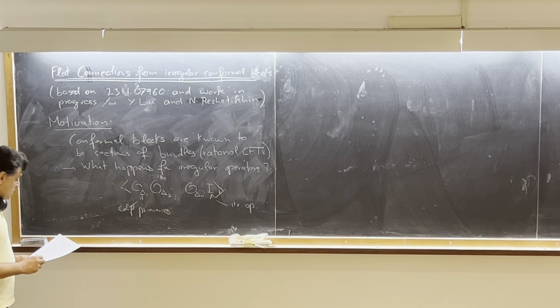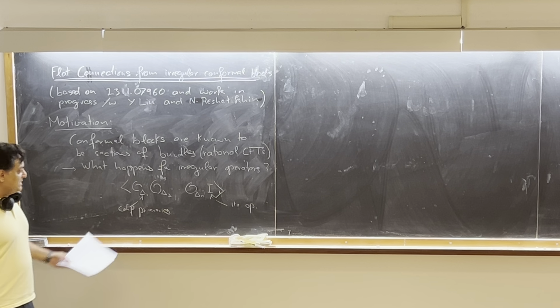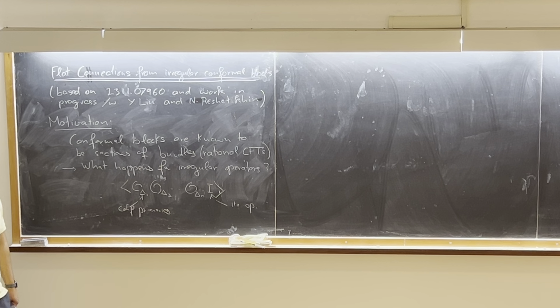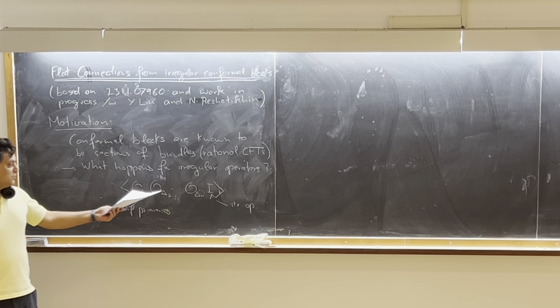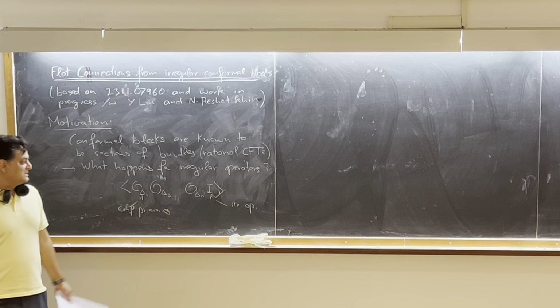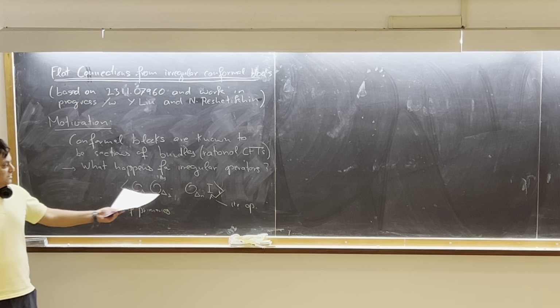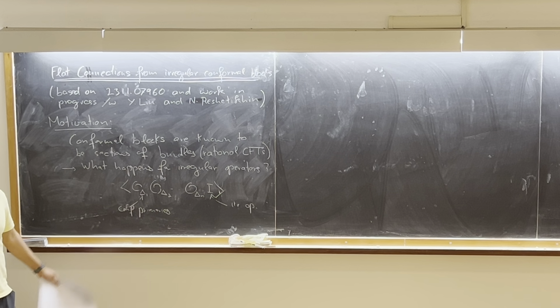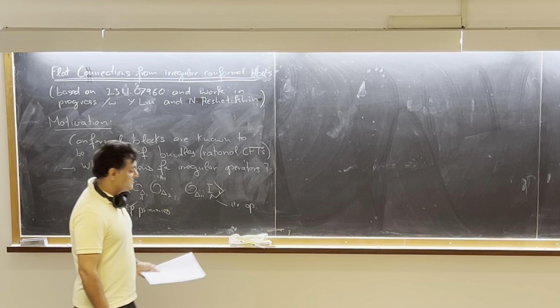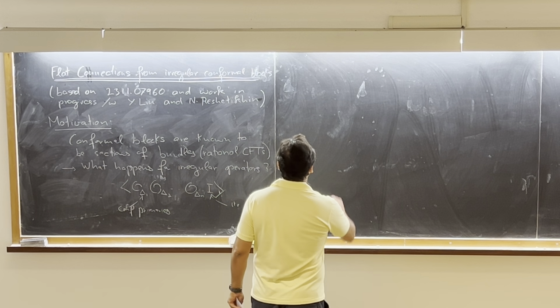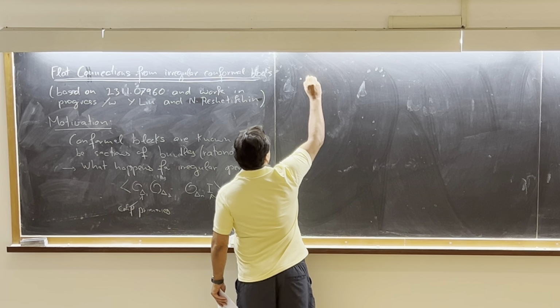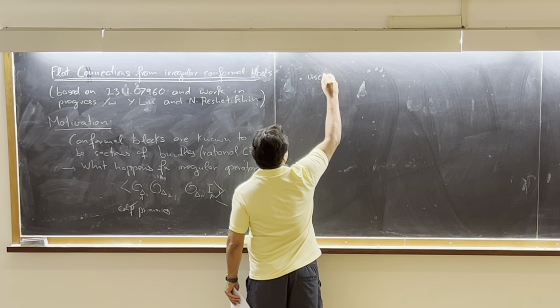This is the main question I want to address, and in this talk I will restrict myself to the insertion of certain degenerate operators in Liouville theory. But before coming to that, let me first remark what this is useful for.